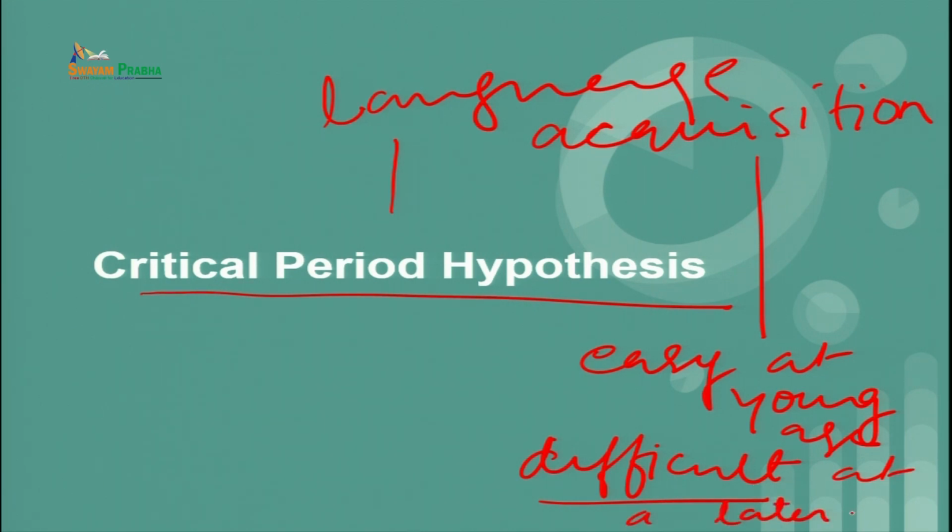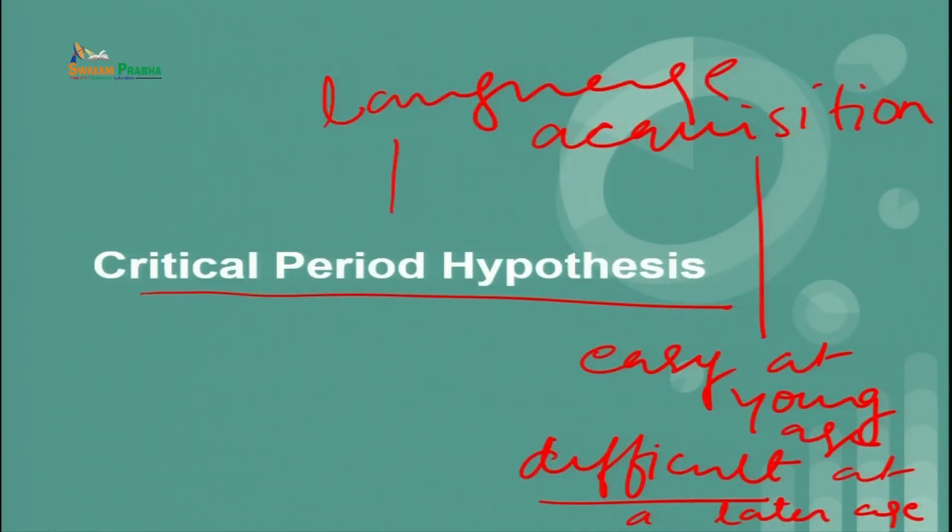So, does that imply that older learners cannot learn English, or older learners cannot learn language, or does this mean that older and young learners cannot be compared when it comes to language learning, or does this reveal that the language learning process is not the same when it comes to older learners and younger learners? So, we will try to find out what is the actual idea behind this hypothesis which is being claimed.